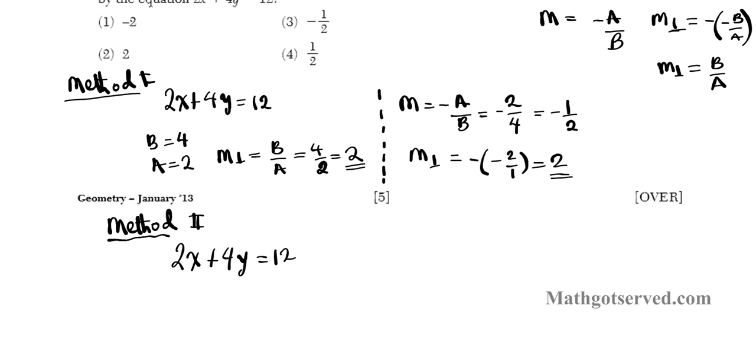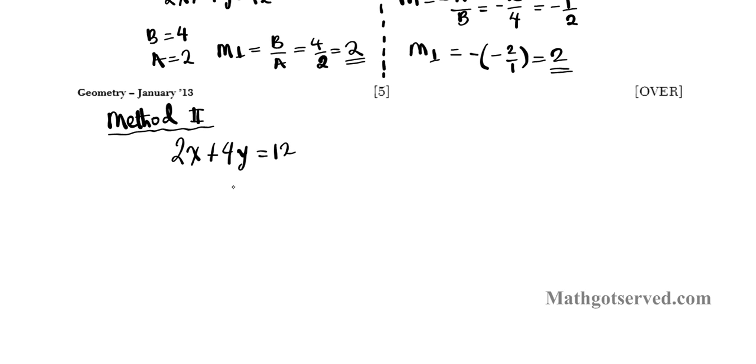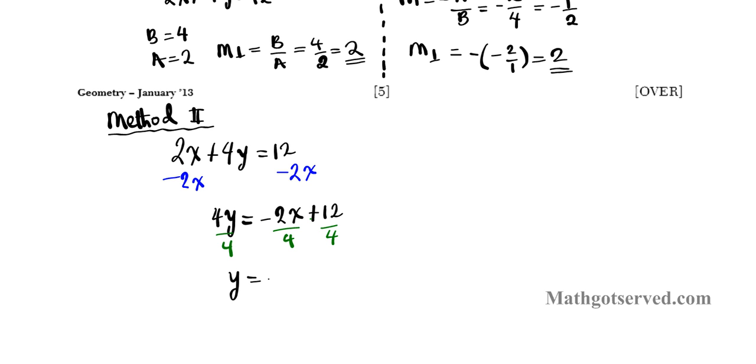So method 2, let's put it in y equals mx plus b form. To accomplish that, we'll subtract 2x from both sides, and we will have 4y equals negative 2x plus 12. To isolate y, we divide every single term by 4. Okay? So now we're going to have y equals negative 1/2 x plus 3.